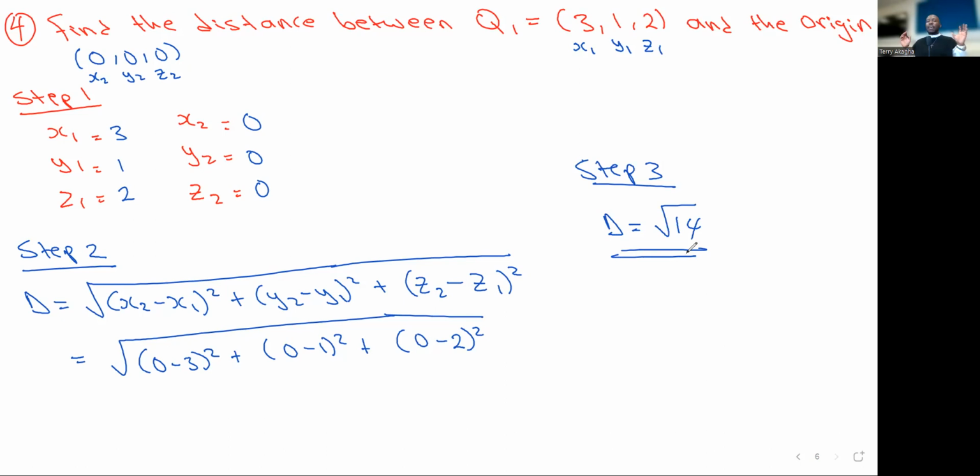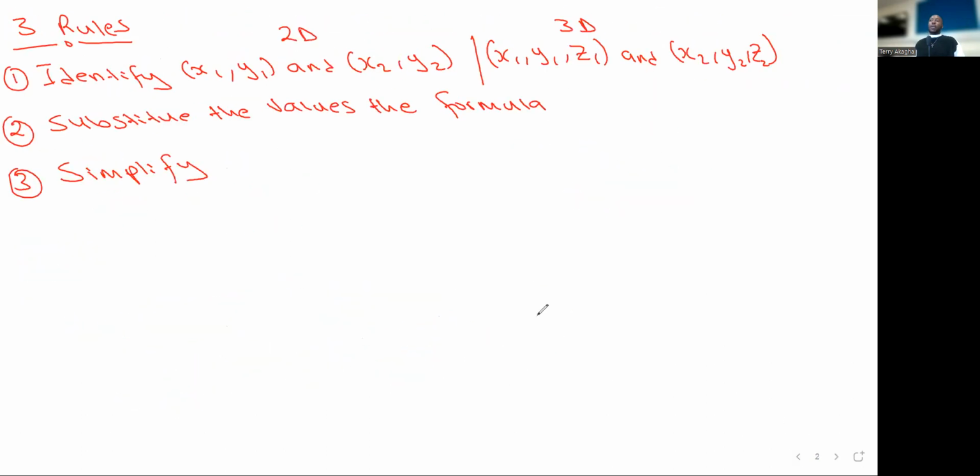So basically, that's how you find distance. So when you have distance, the first step is to identify your coordinates. Is it a 2-dimension? So you have to find the x1, y1. Then you find the x2, y2. Then when you have found it, you substitute into the formula. So if it's a 2-dimension, it's going to be the square root of what? x2 minus x1 squared plus y2 minus what? y1 squared.